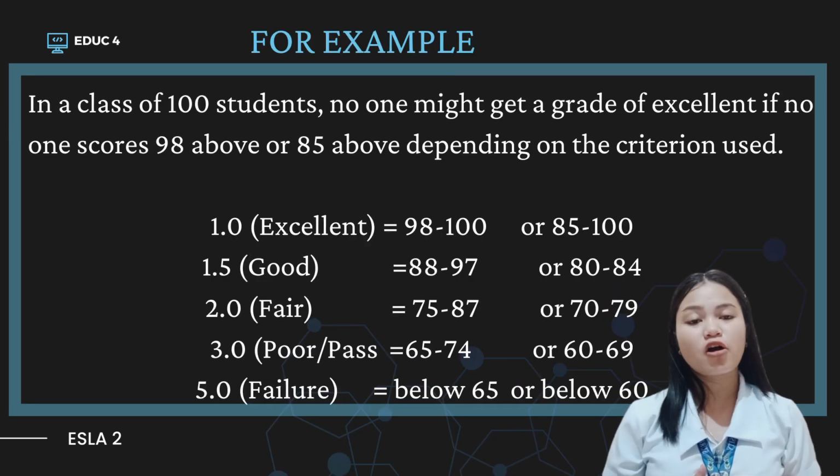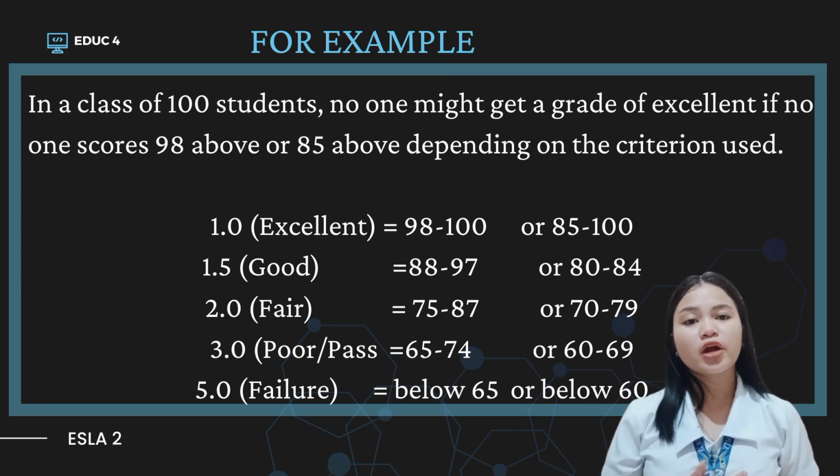Example, in a class of 100 students, no one might get a grade of excellent if no one scores 98 and above or 85 and above, depending on the criterion used.